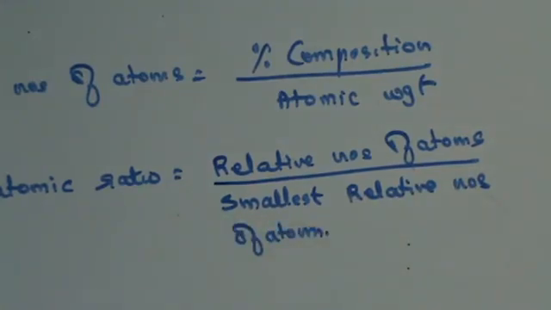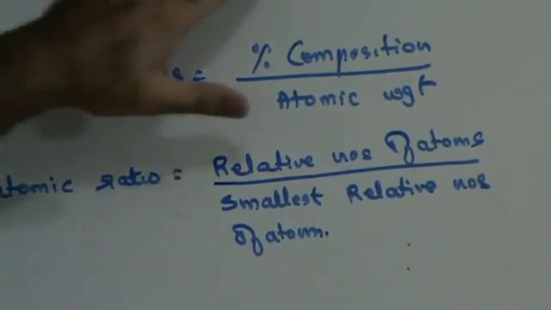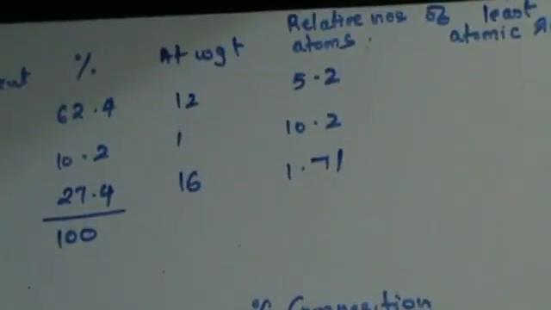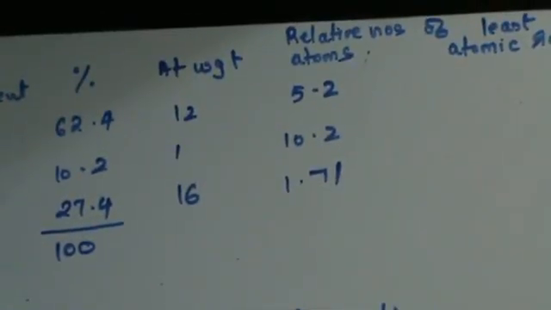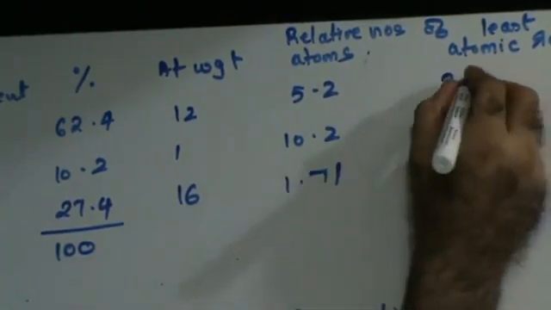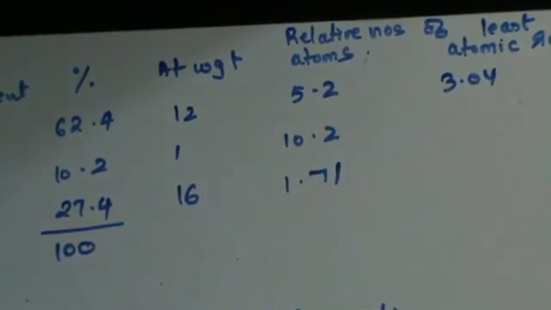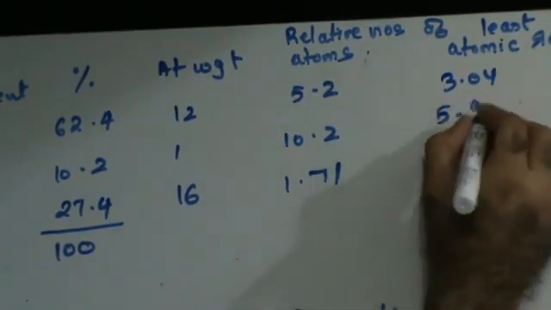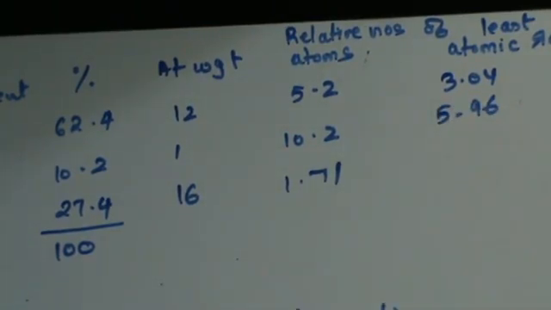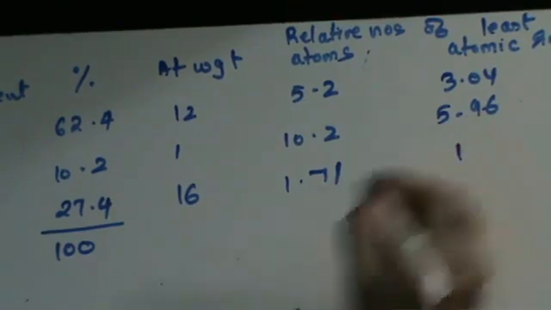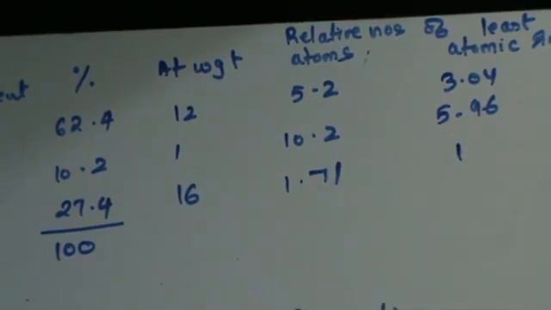So in our case, the smallest number here is 1.71. So it will be 5.2 divided by 1.71, which is 3.04. Then 10.2 divided by 1.71 is 5.96, and 1.71 divided by 1.71 is 1.